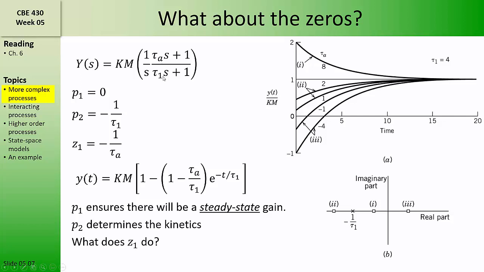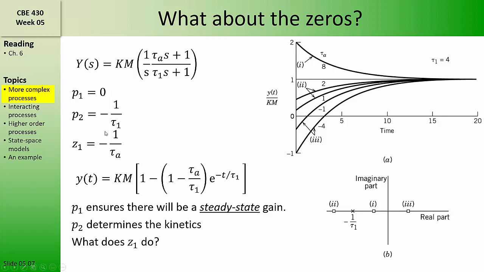When tau a is between 0 and tau 1, then this ratio is less than 1, so the coefficient on the exponent is negative. In the time domain, the response to a step input will be an initial step towards the final steady state, followed by an exponential decay to the final steady state. The last class of behavior is when tau a is negative.